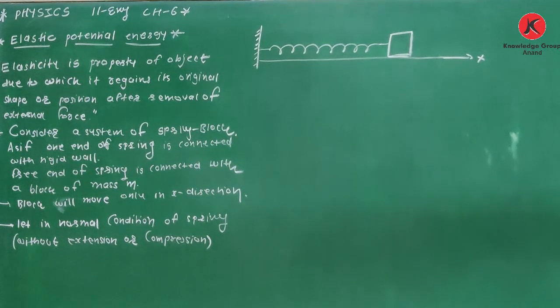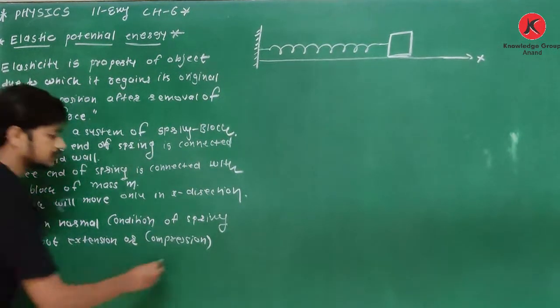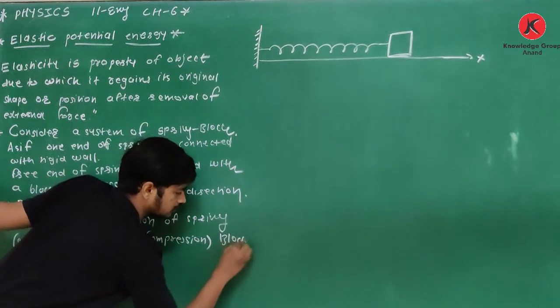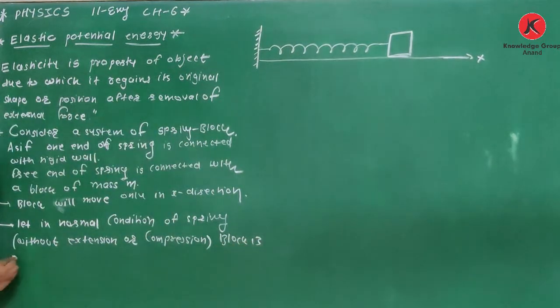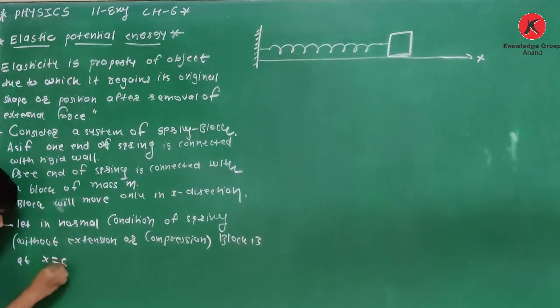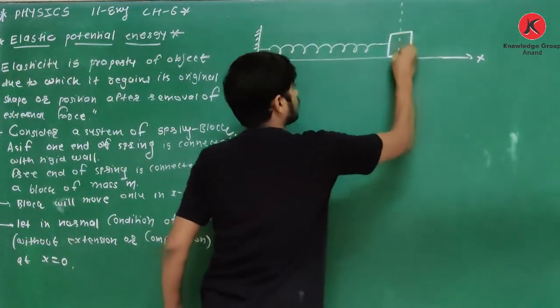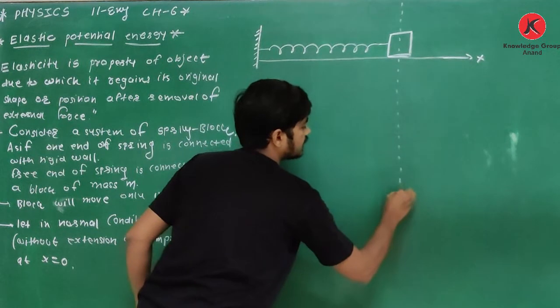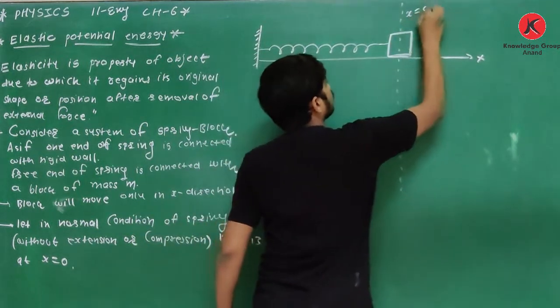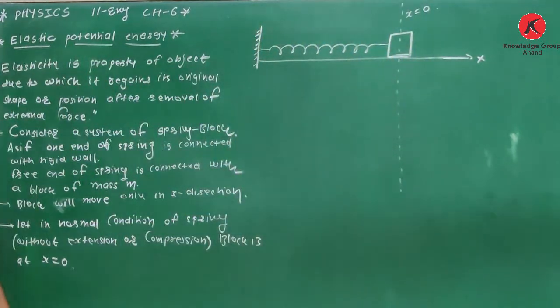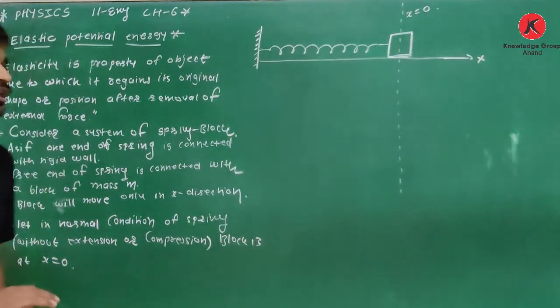In this normal condition, the block is at x = 0. Clear about this? So it is called its equilibrium condition, or its normal condition.